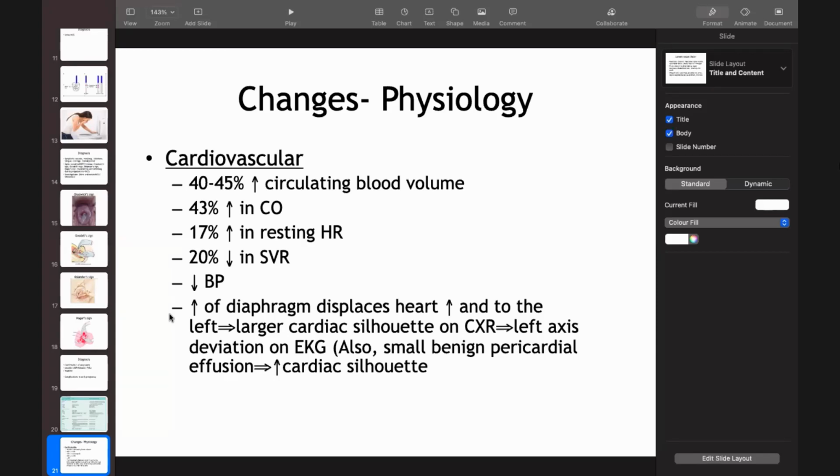You will get lots of simple MCQs on the cardiovascular system changes that occur in pregnancy. These statements will be given. There is no working out of things, but you should know what changes usually occur in a normal pregnant woman. Any questions up to now?